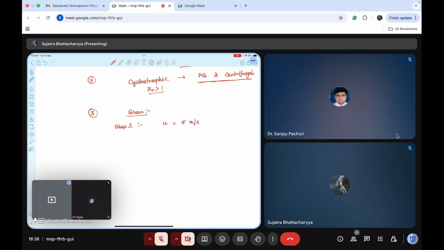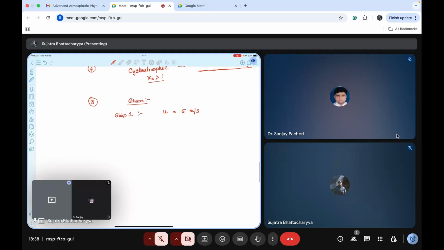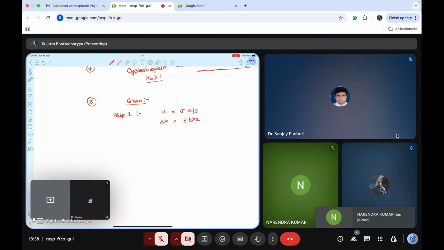This is the ship's velocity, just remember that. Next is delta P. What ship one has seen is that the pressure in the 3 hour period has increased by 3 hectopascals. In 3 hours, the delta P for ship one is 3 hectopascals.